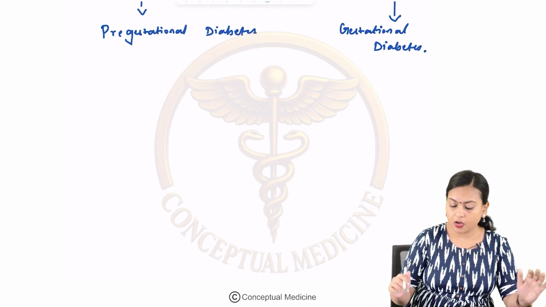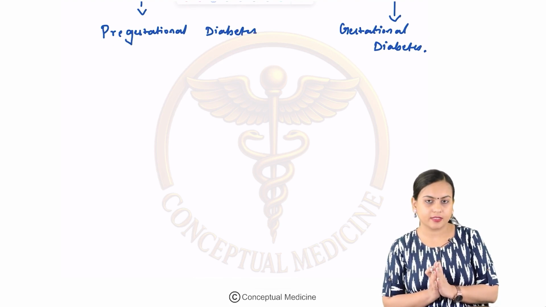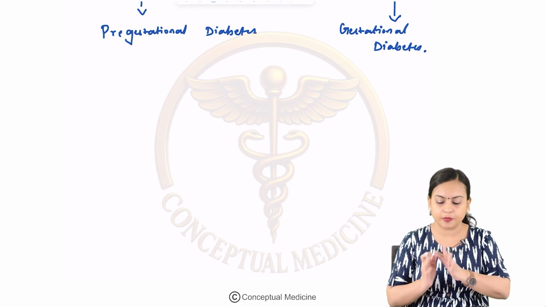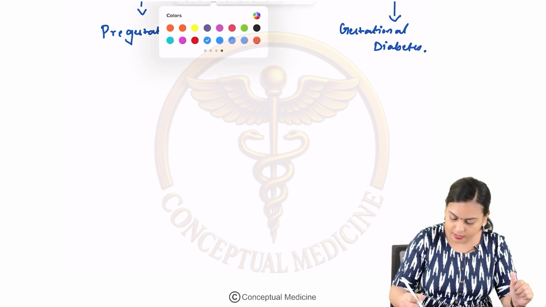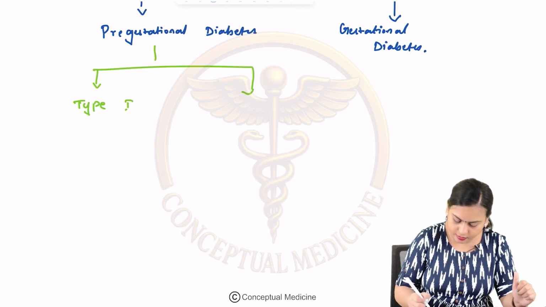Clear? We all know pre-gestational diabetes is again divided into two types. Yes, it is type 1 and type 2 diabetes, right? So we have type 1 diabetes and type 2 diabetes.